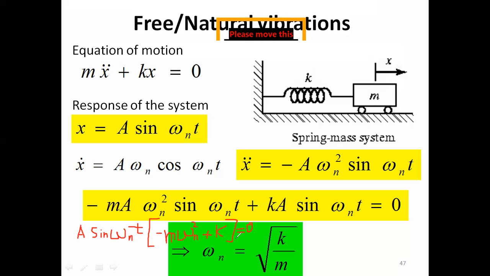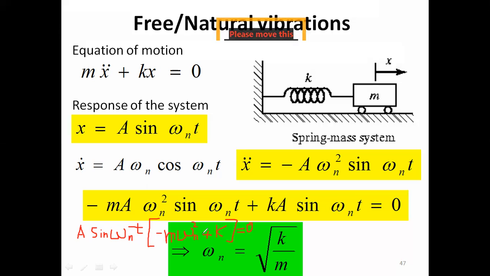Mathematics is saying that either this quantity is 0 or this quantity is 0 during the vibration at all instances, for time 0 to infinity, or both are equal to 0. There could be all these three possibilities.